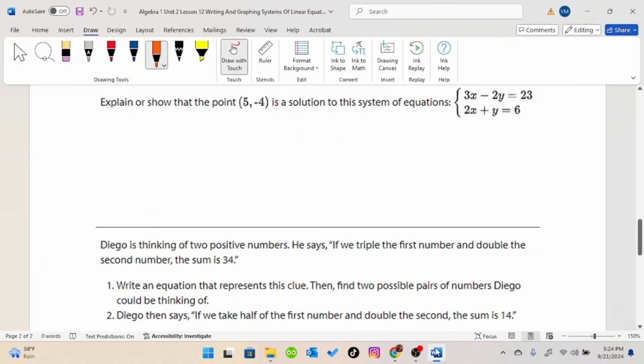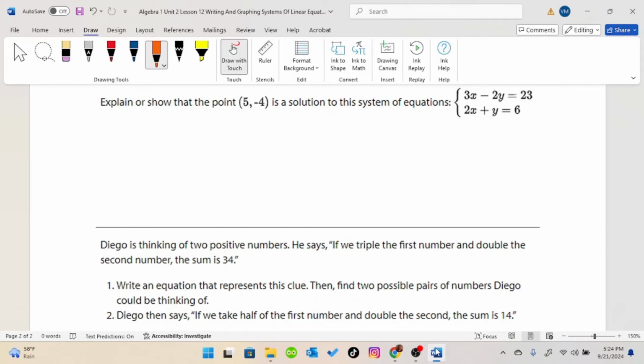Our next practice problem says, explain or show that the point (5, -4) is a solution to this system of equations. The first equation is 3x - 2y = 23.